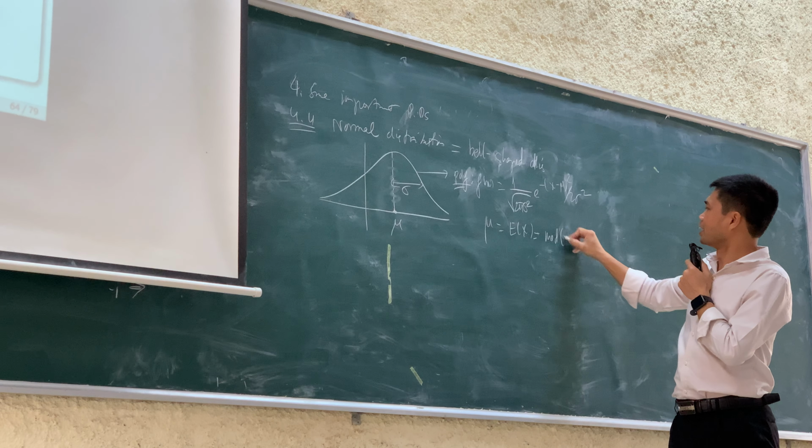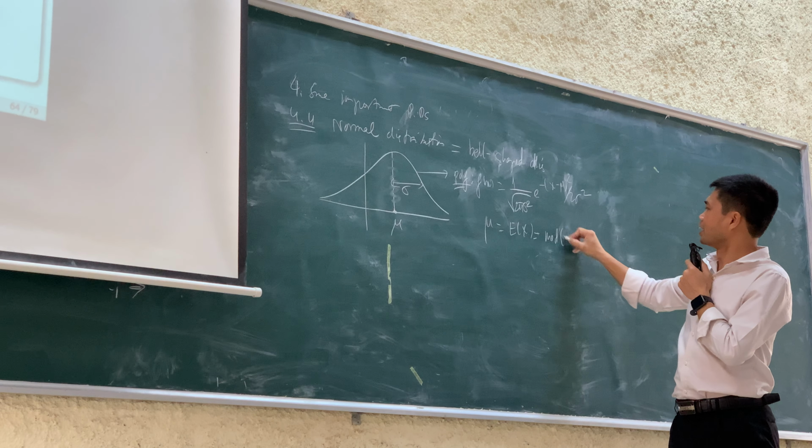And the special case of normal distribution is the standard normal distribution, denoted by the variable z. For normal distribution, we denote x for the normal distribution with 2 parameters mu and sigma square.